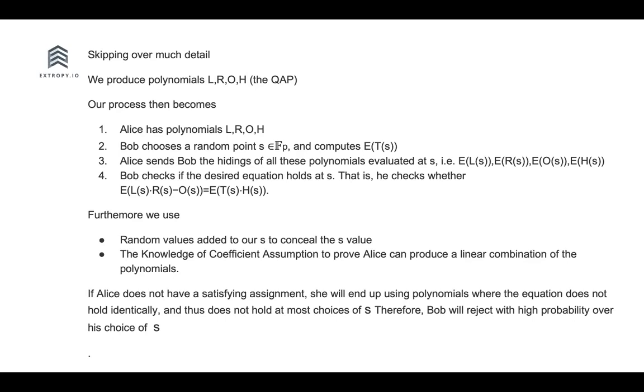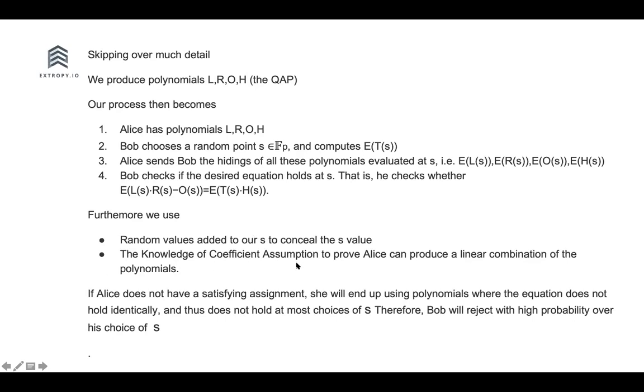So I'm going to start to pick random points, and I'm going to expect these polynomials to behave in certain ways. But again, there is this hiding aspect going on because we don't want either Alice or Bob to have too much information, because then they could cheat. So there is this extra complex process involved with hiding how these things are evaluated. Again, I'm not going to go into that anymore.